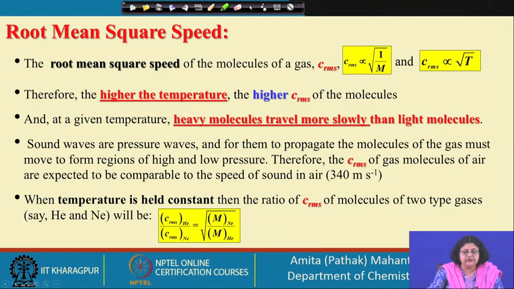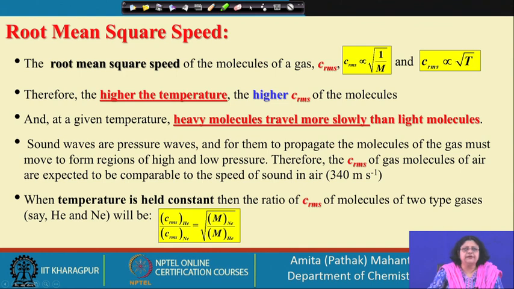So, what is this root mean square velocity? From the expression, it is clear that it is directly proportional to the square root of temperature, and inversely proportional to the square root of the molar mass. The higher the temperature, the higher the value of the RMS, the root mean squared speed of the molecule.